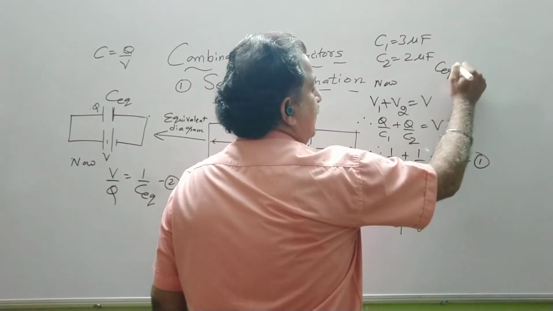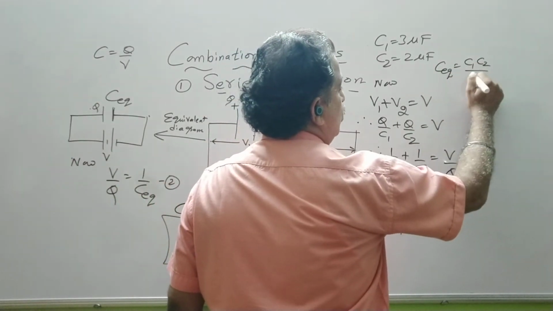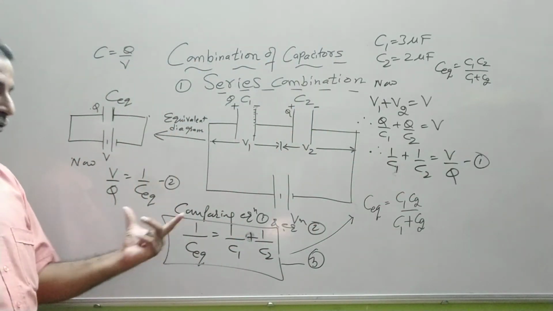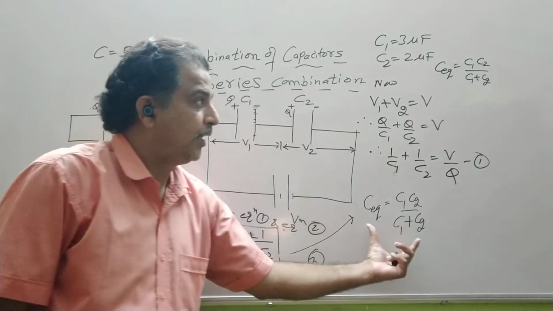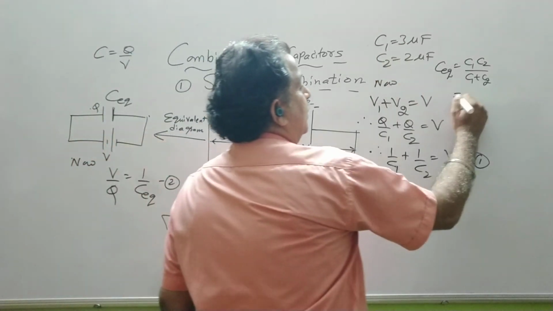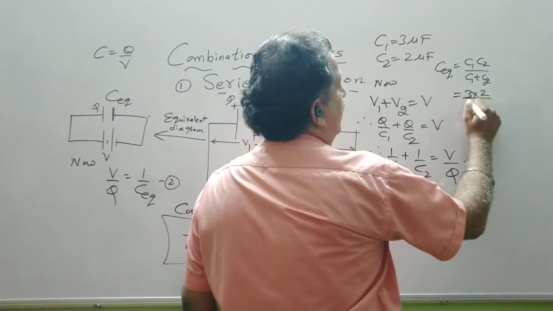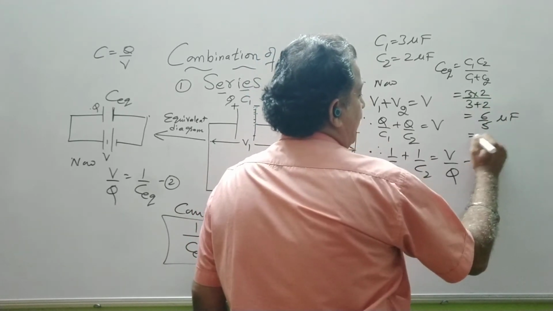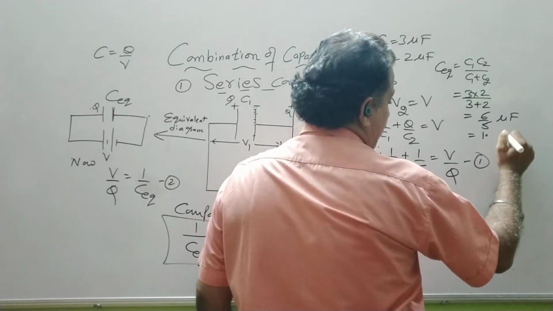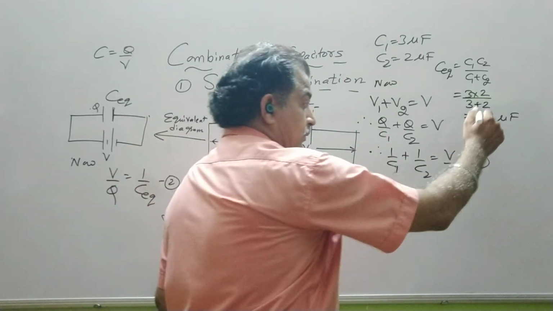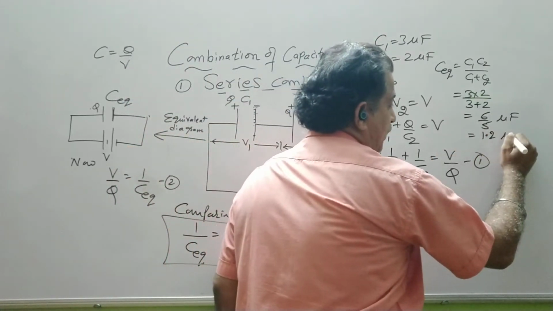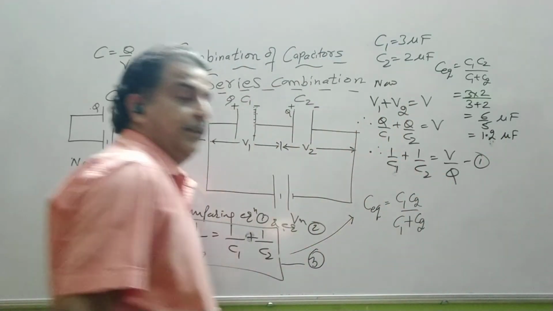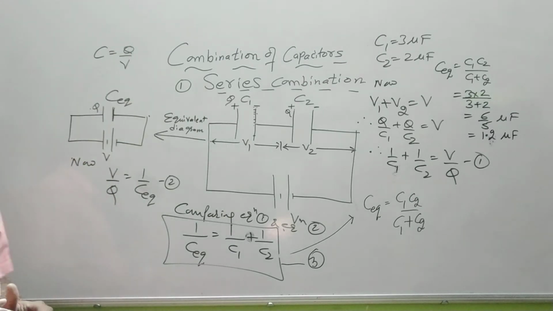Directly, C equivalent is equal to C1 C2 upon C1 plus C2, so instead of taking the LCM we directly write this. It can be written as 3 into 2 divided by 3 plus 2, that is 6 by 5 microfarad, that is 1.2 microfarad. So this is our equivalent capacitance.